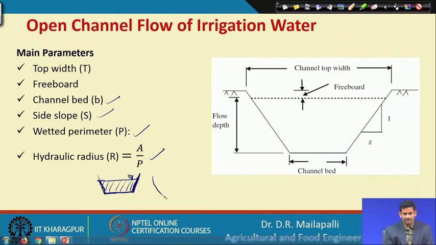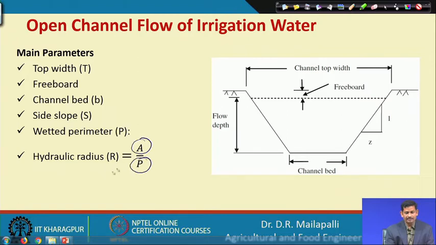In case of circular, if this is the water surface, then from this point to this point is the wetted perimeter. The hydraulic radius is the area divided by the wetted perimeter.